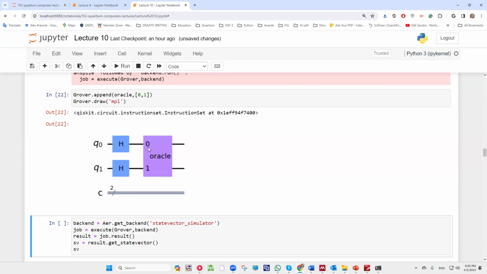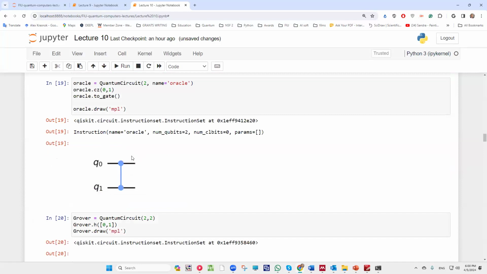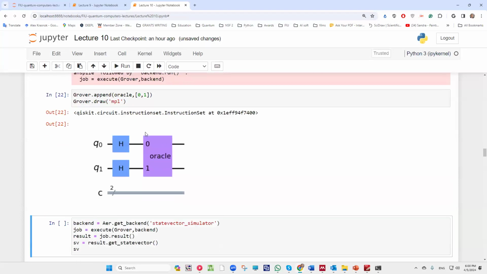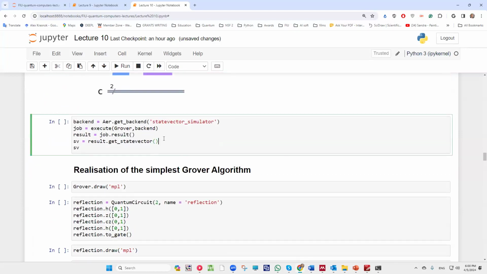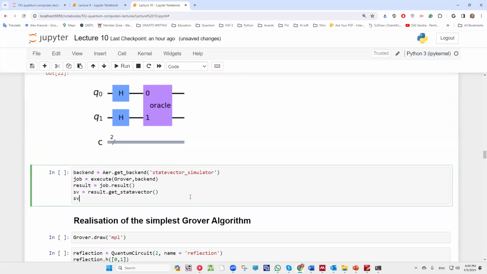It is nothing but this part of the circuit here. And using this operation, we can substitute for the oracle any other type of circuit.